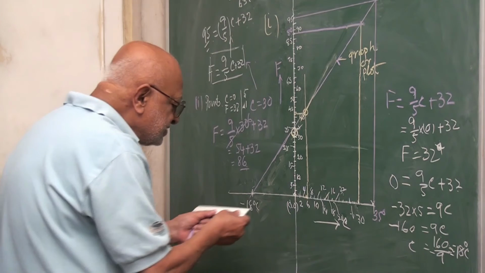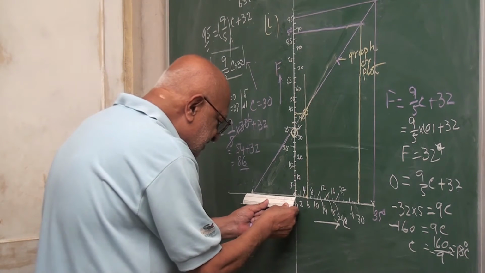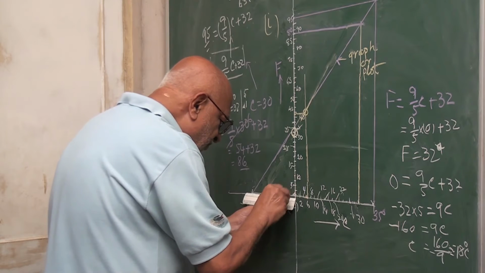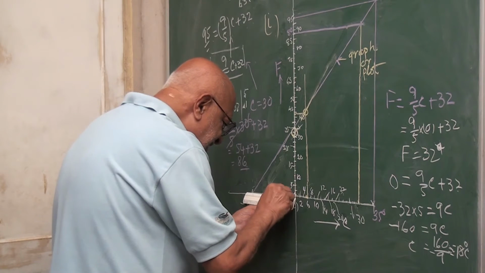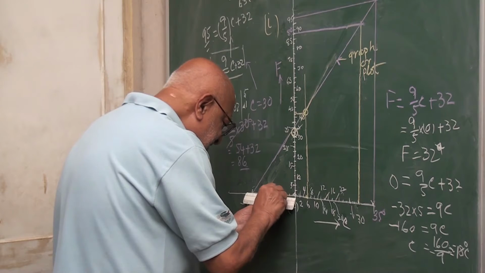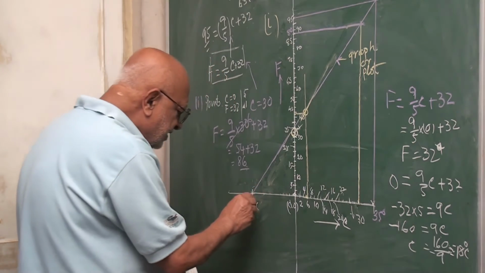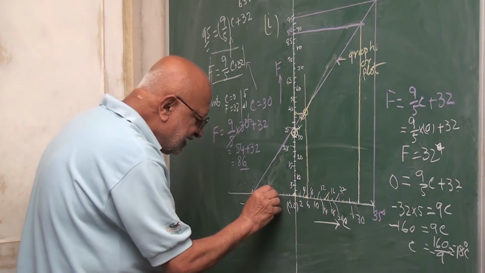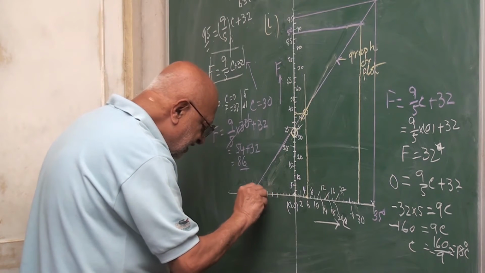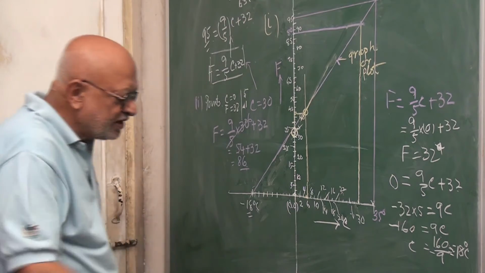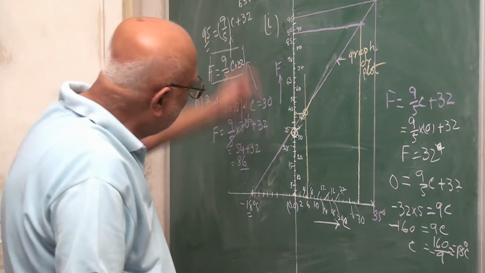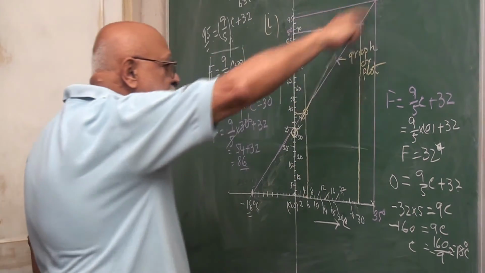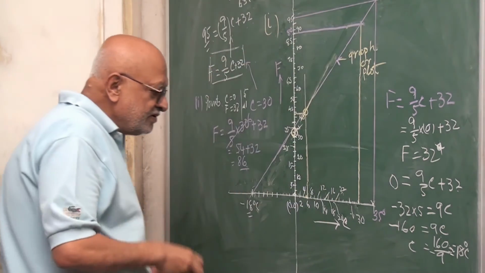I will use this one to show. This is 2, this is 4, this is 6, this is 8, this is 10. So it will be coming to about 18 degrees centigrade. Okay, because this comes from the formula. The graph may not be very accurate. I just drew this in order to show you the trend and how to get this one.